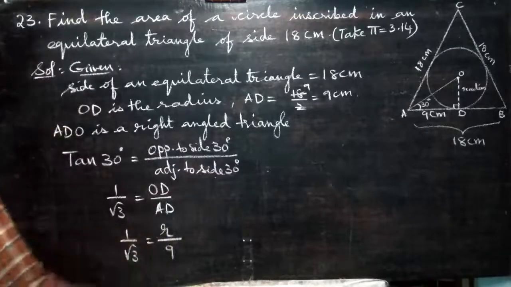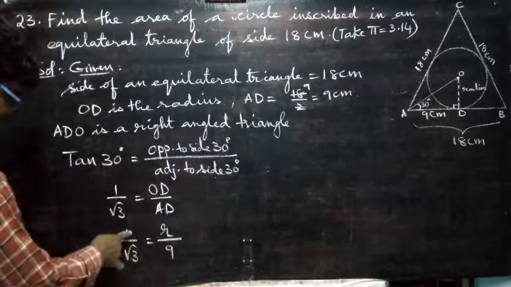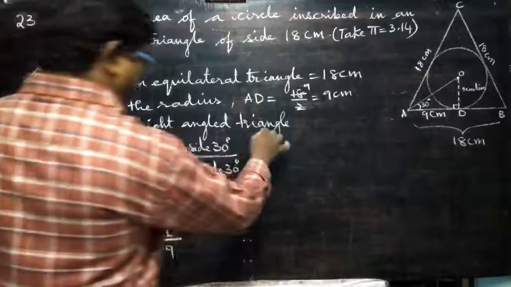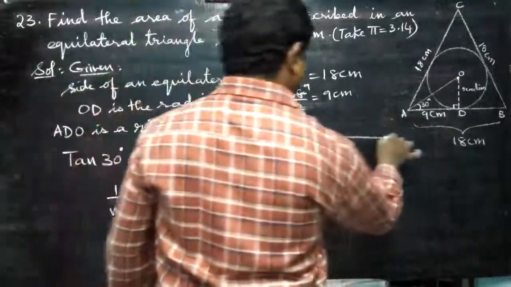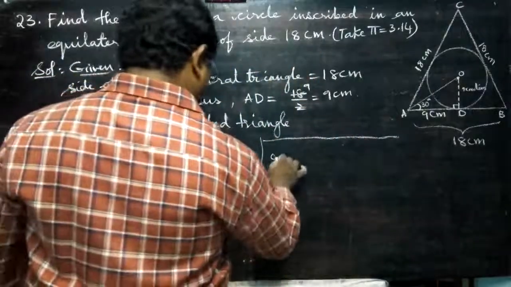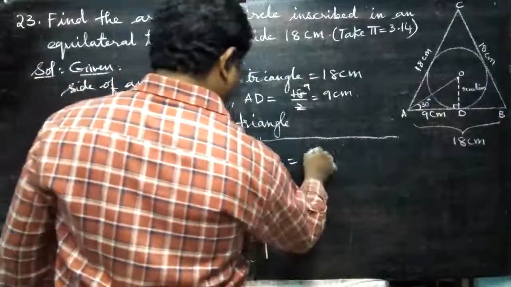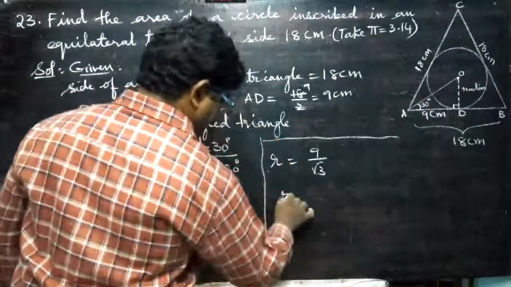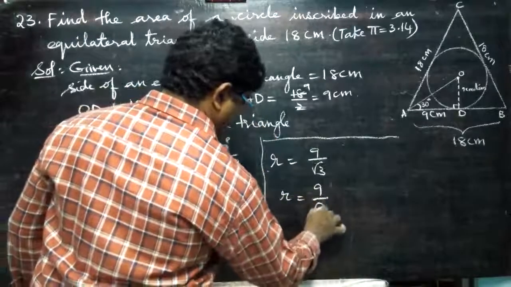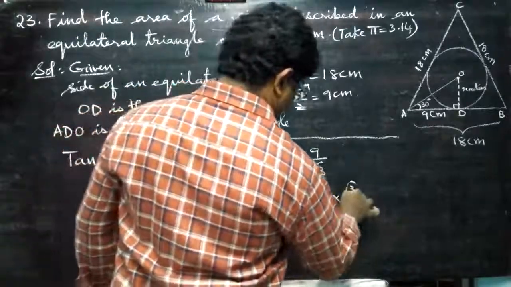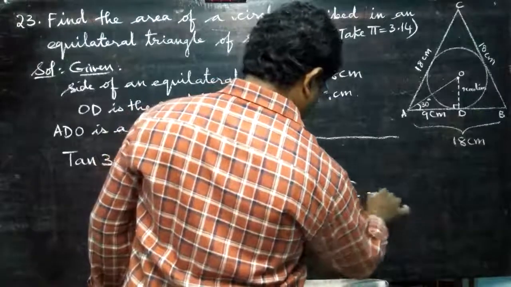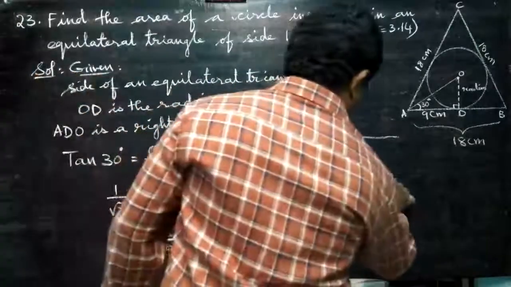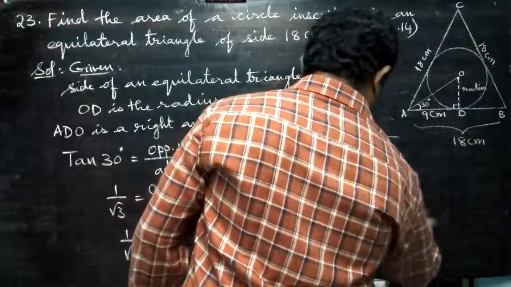Do cross multiplication. 1 nine is 9, 9 will come. So R is equal to 9 by root 3. Now rationalize: 9 by root 3 into root 3 by root 3, that is equal to 9 root 3 by 3.